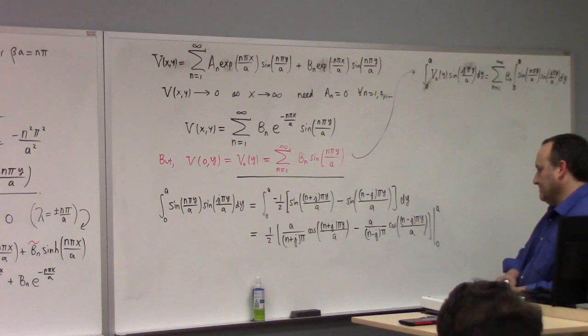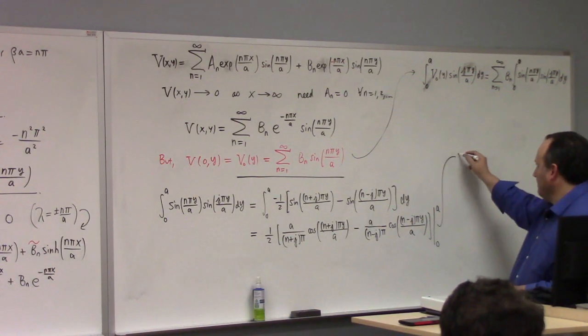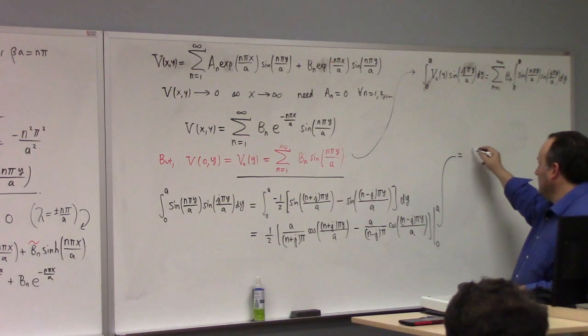So if y equals a, you'll have n integer times pi.